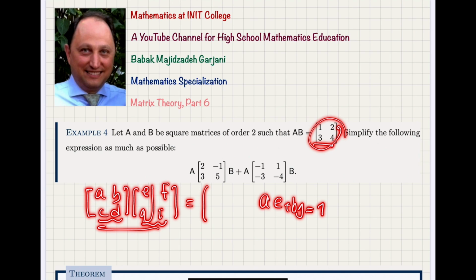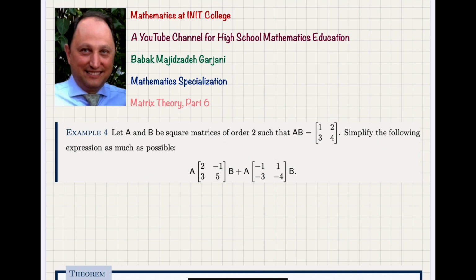Finding matrices A and B, even if possible, is really tedious. But it's a good idea to think about that. If you can cook up some matrices A and B with that property and see what you get at the end, do you get the same answer? In principle, you should get the same answer if you can cook up those matrices, because that depends on the product of A and B, nothing more.